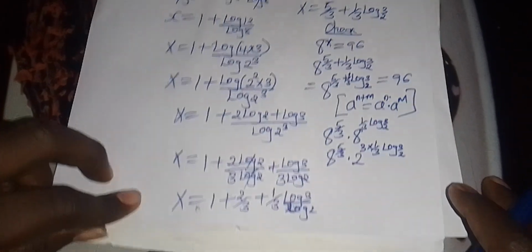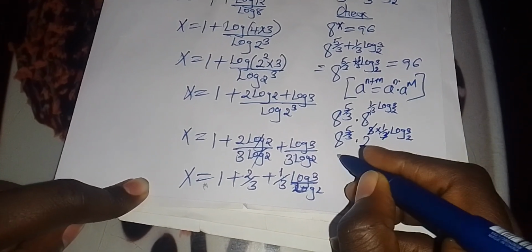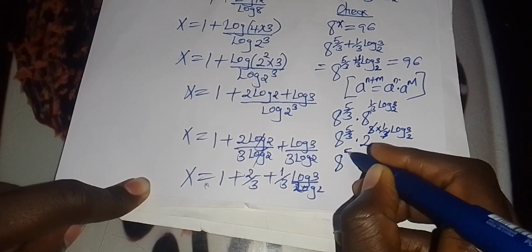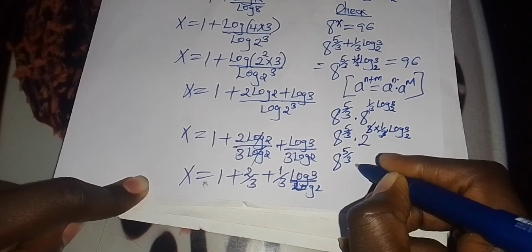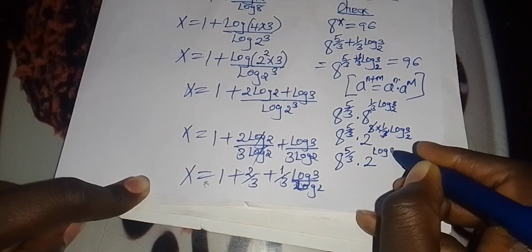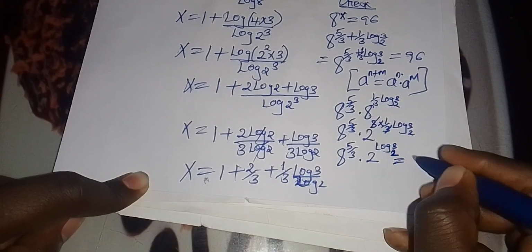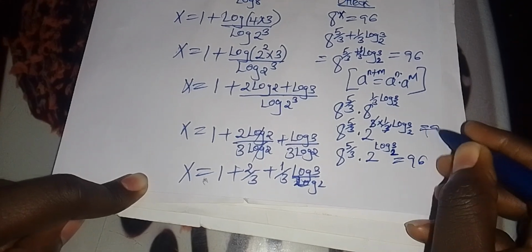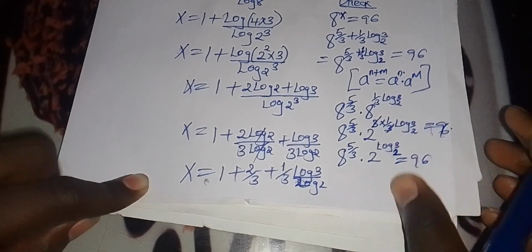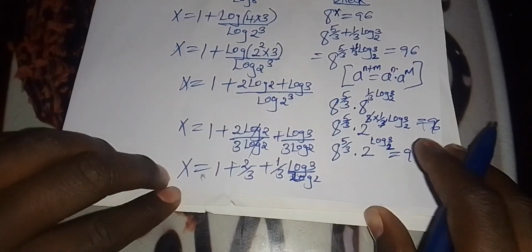Remember this is 3 and 3 simplifies, so that we'll have 8 raised to the power 5 over 3 multiplying by 2 raised to the power log 3 to base 2. This is supposed to give us 96.